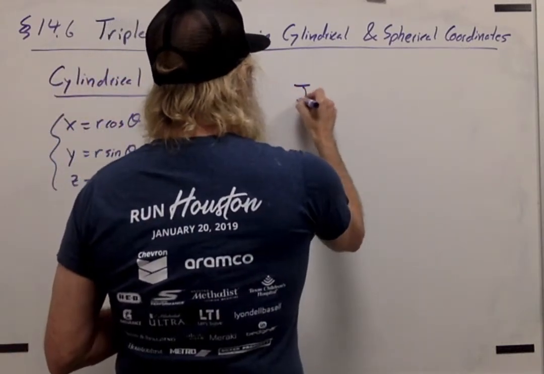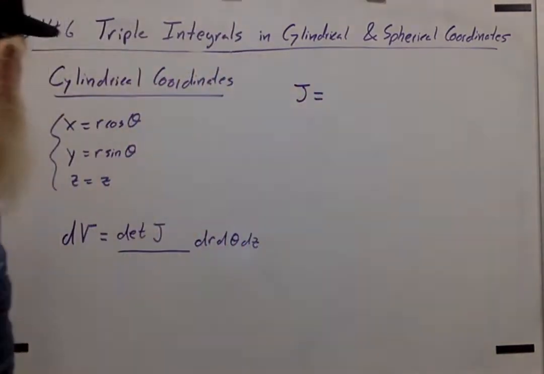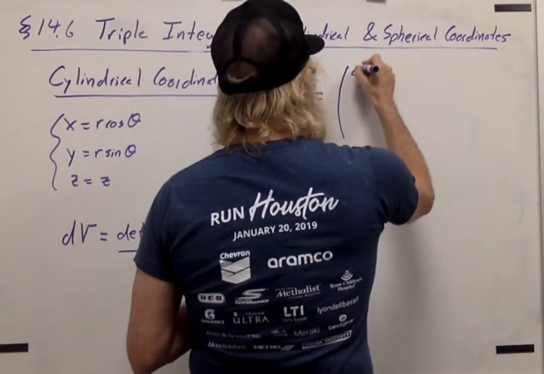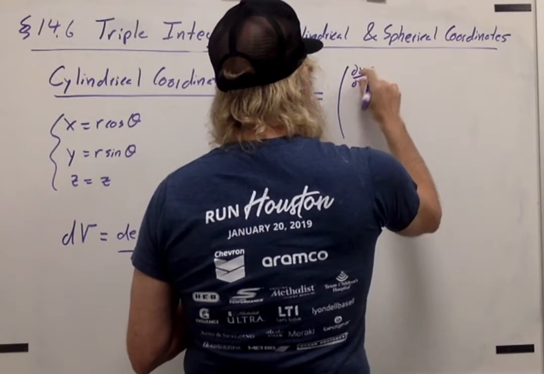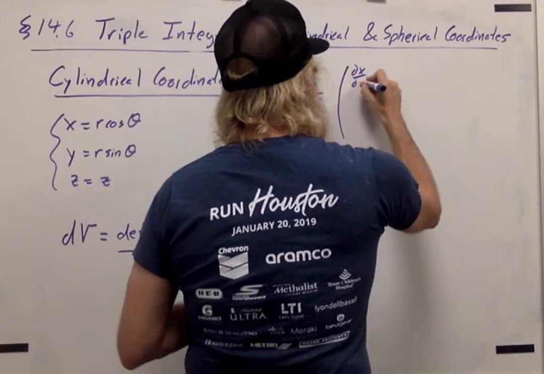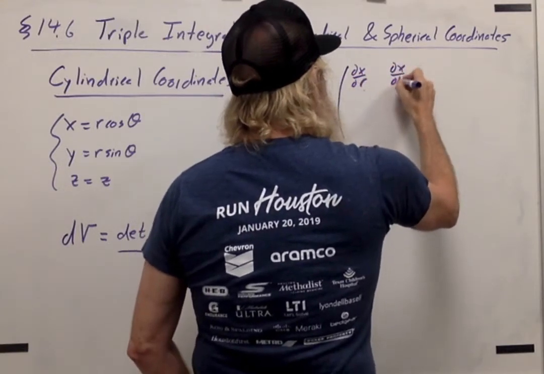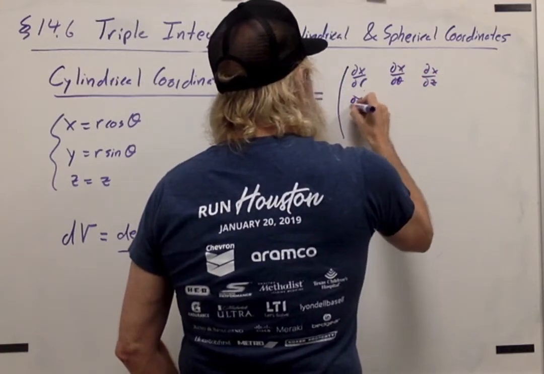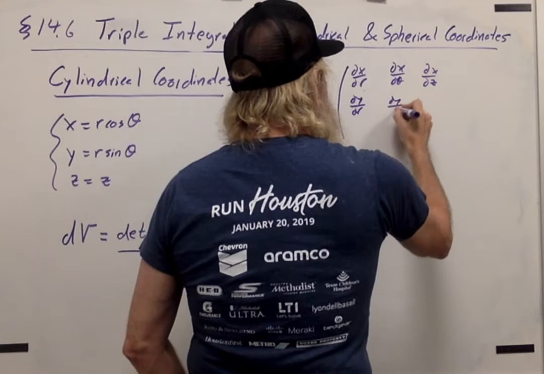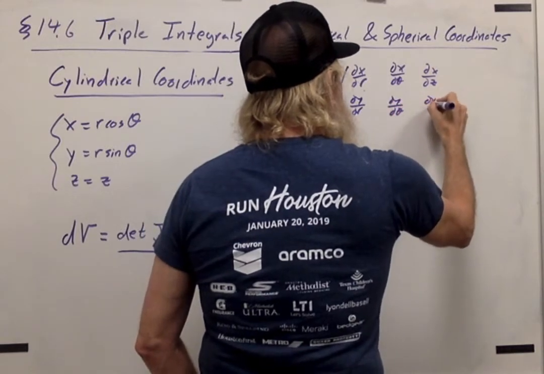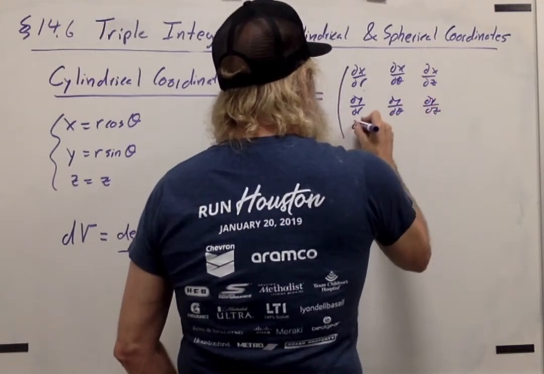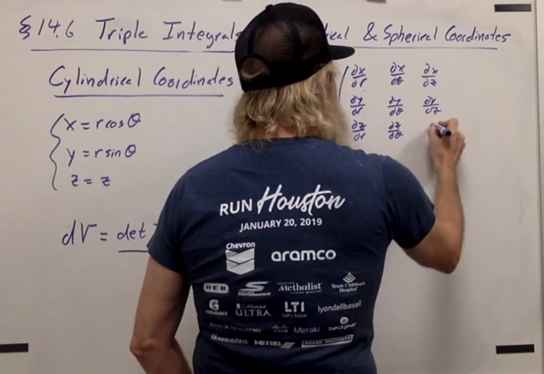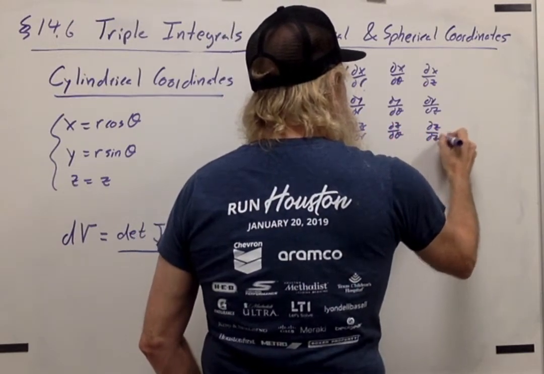So the Jacobian for cylindrical coordinates will be the matrix made up of dx dr, dx d theta, and dx dz, dy dr, dy d theta, and dy dz, and dz dr, dz d theta, and dz dz.